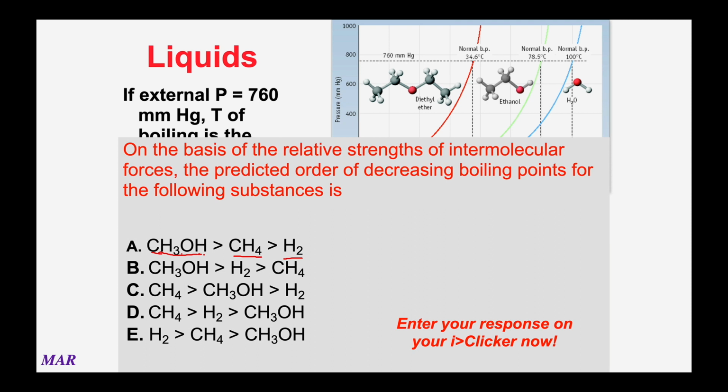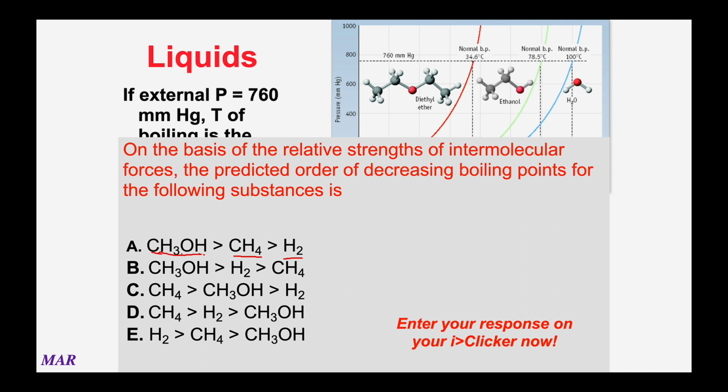Well, you can probably see that methanol, CH3OH, has a hydrogen bond, and that's going to be stronger than the other two, which don't have hydrogen bonds. So I'm going to predict that since we want strongest to weakest, all right, or highest boiling points to weakest boiling points, methanol should be the first one because it's got the strongest intermolecular forces.